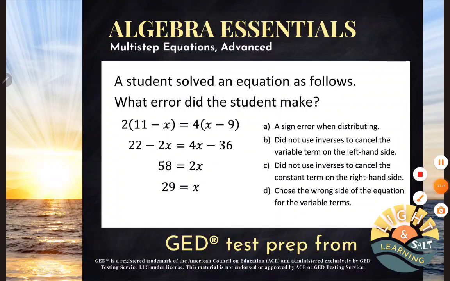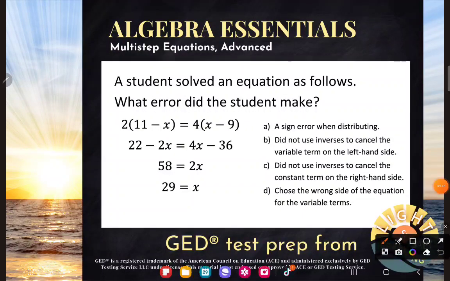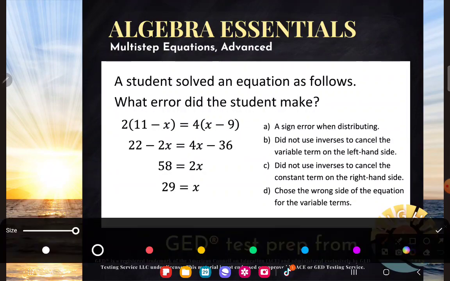I see the first equation says 2 times the quantity of 11 minus x equals 4 times the quantity of x minus 9. That's a little ugly, with those x's both trapped in groupings. So the very first thing I would want to do is that distribution, that multiplication I see here when I have these numbers shoved up against these groupings.